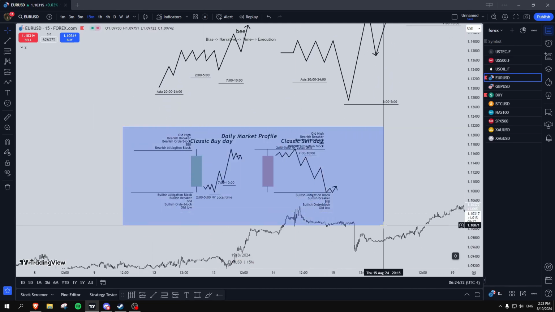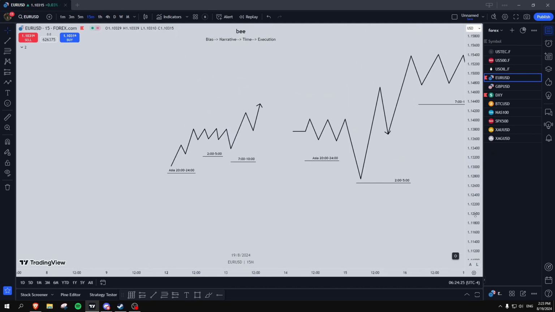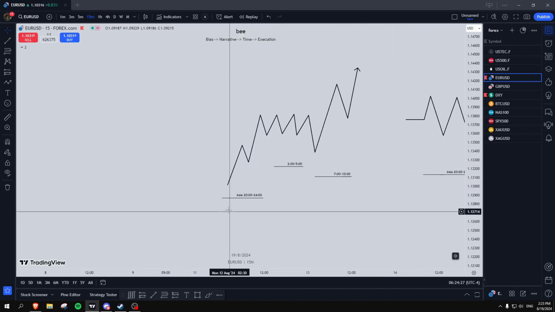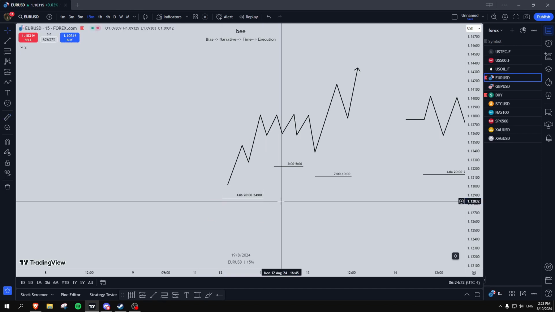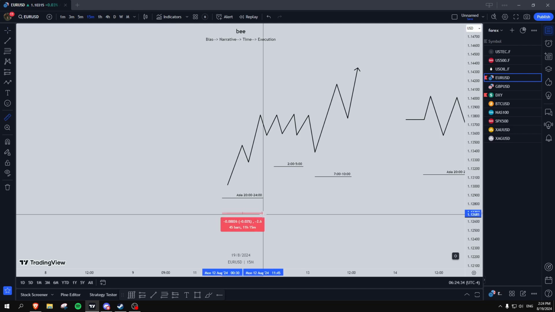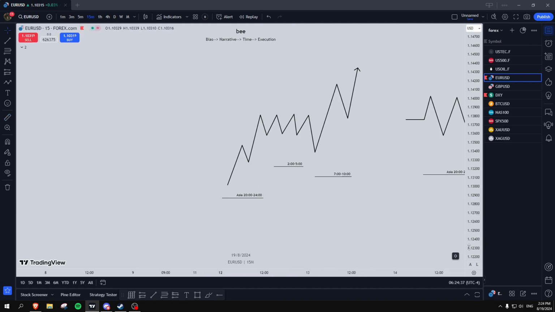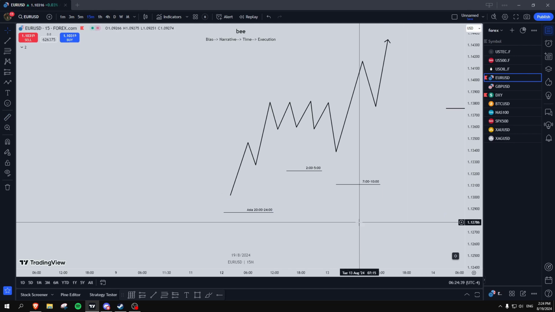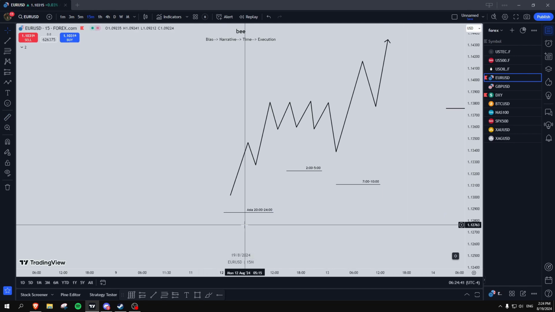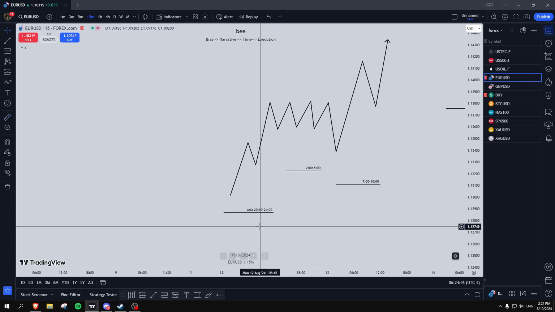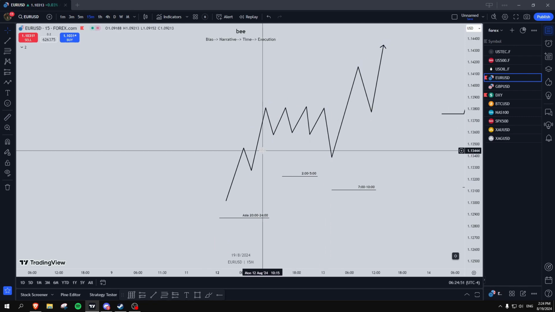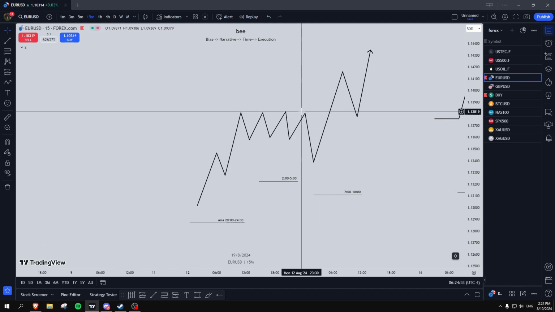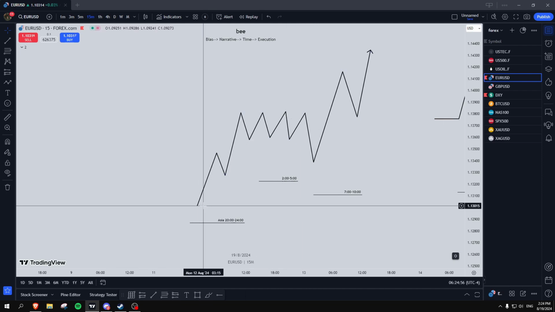I am going to remove this now, and what I'm going to talk about here is an Asia session. If you see an Asia session expanding, which is pretty rare on the USD pairs, if USD is the dominant in that pair, if Asia session expands higher and London accumulates, most of the time you're going to get New York to continue the Asia session expansion.